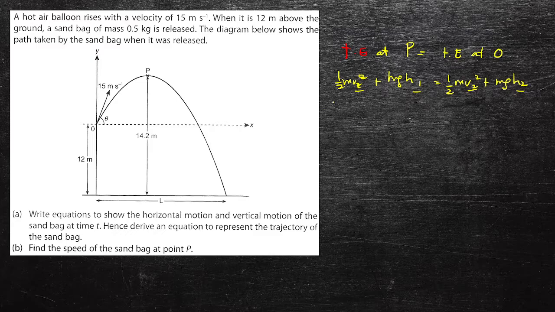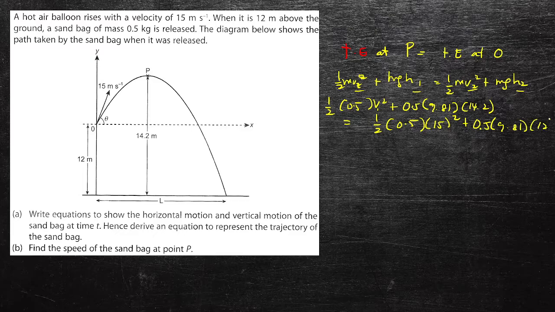Okay, so substitute everything. 0.5 v1 squared plus 0.5 times 9.81 times 14.2 equals 0.5 times 15 squared plus 0.5 times 9.81 times 12.